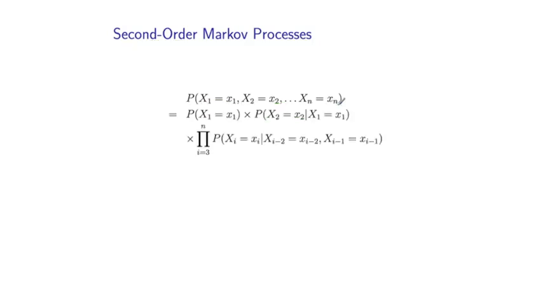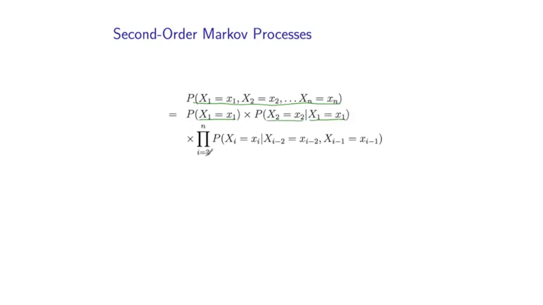In a second-order Markov process, we make the following assumption: that this joint probability is again a product of terms. We have the probability that X1 equals little x1. We have the probability that X2 is equal to x2 conditioned on X1 equals x1.